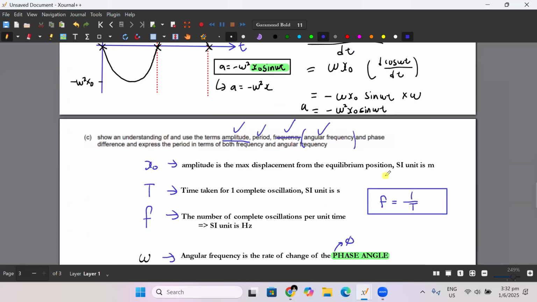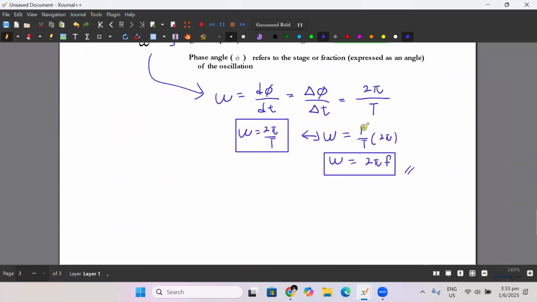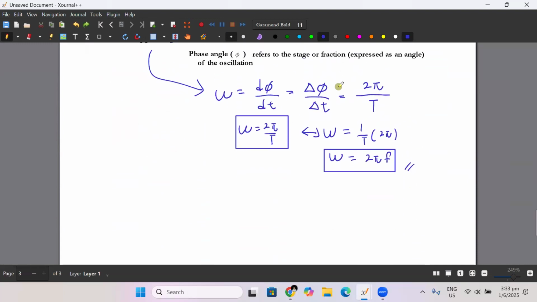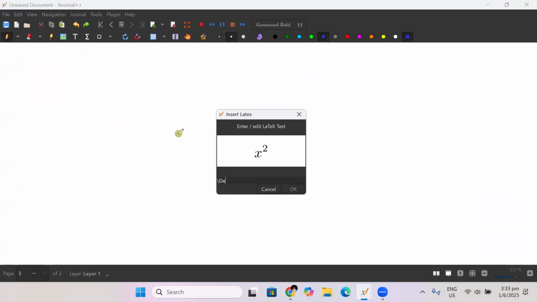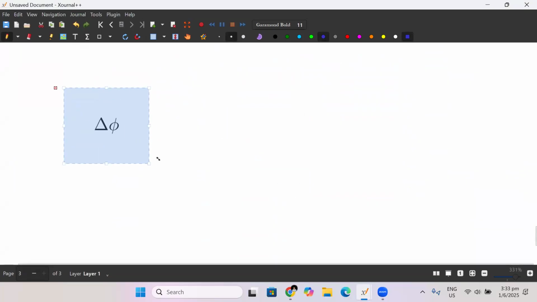Done with this. Phase difference we've covered already, but let me define it this way. Phase difference is this delta phi. This one they test quite a lot, so let me write it neatly. Delta phi here refers to phase difference.